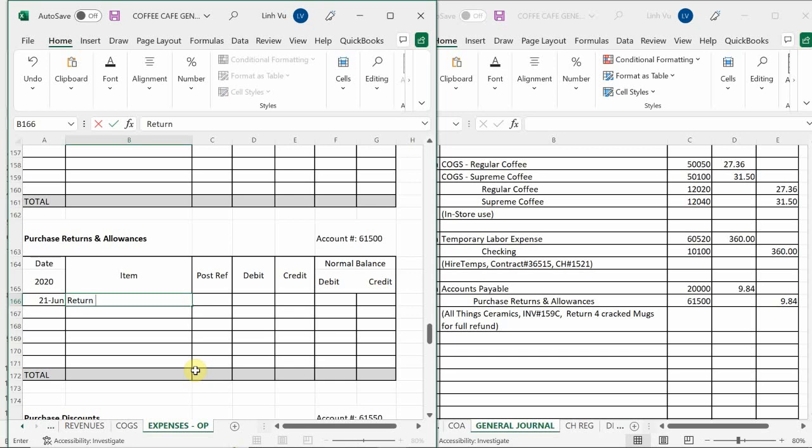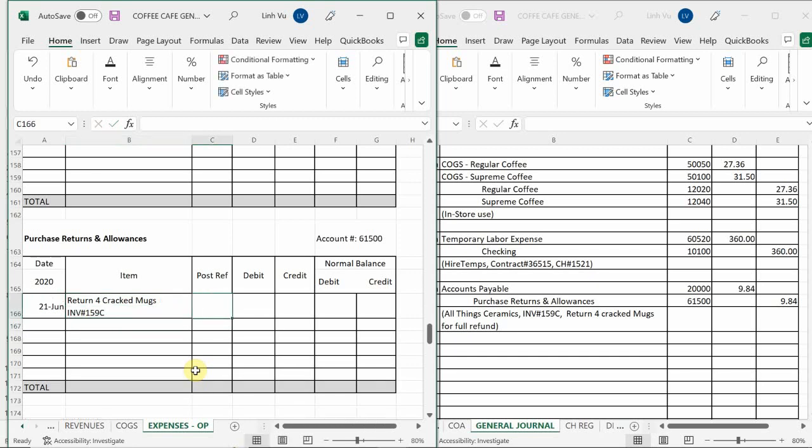I would mark on that, return 4 cracked mugs, and then put the invoice 159C on it. And then page 9. And we credit 984. Good.